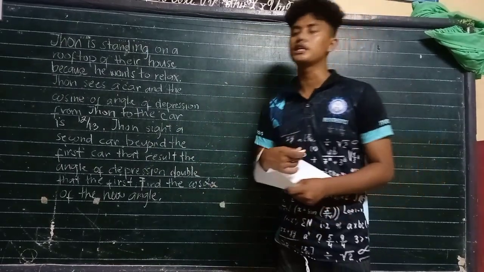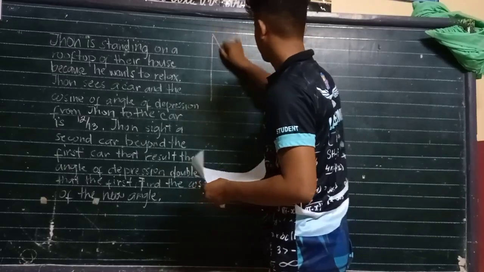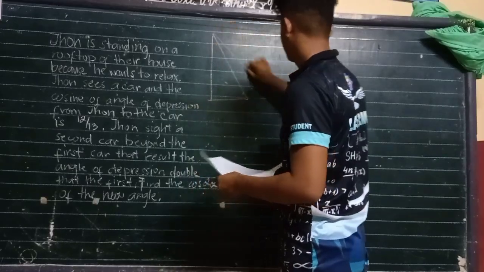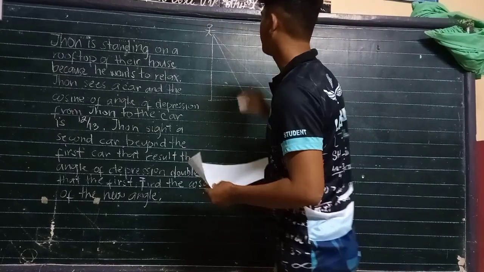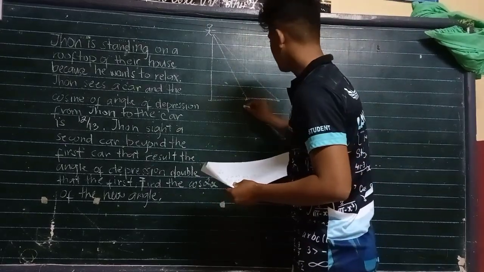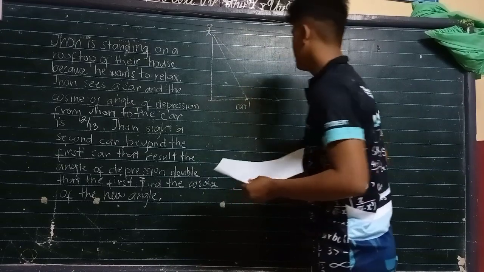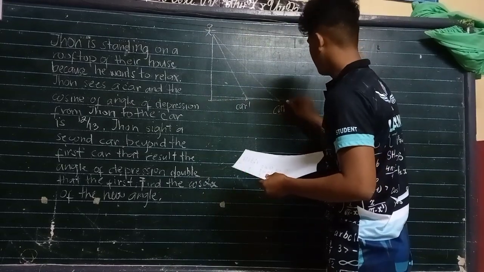So let's have an illustration first. There is John on the rooftop. Then this is car 1 and this is the second car.